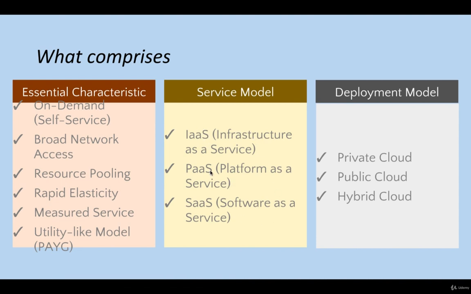And different models will have different responsibilities. Similarly, for the deployment model, whether you want to use only your private cloud, or a public cloud, or a hybrid cloud, where you use both the public cloud and the private cloud. This is the main thing being used by large enterprises. If you're a small organization, you are good to go with the public cloud. We'll come to this in a different lecture in detail as well.